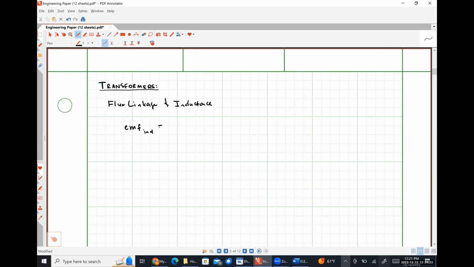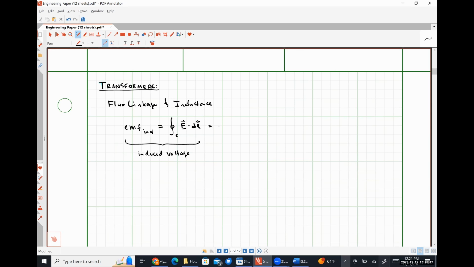So our induced voltage is going to be equal to the closed line integral of our electric field dotted into some differential line element, where that's literally just our definition of voltage. So I'm just going to put this down here. This part represents some induced voltage.